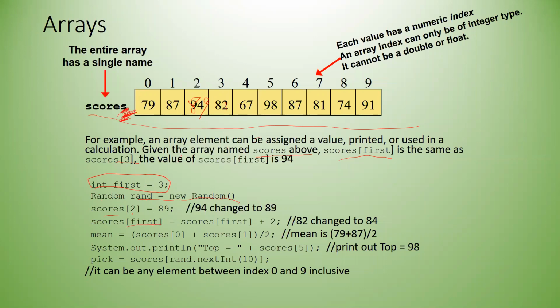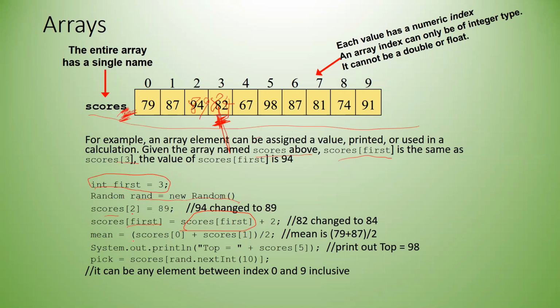When you do this, you are referencing this location. It's equal to scores sub first plus 2. Scores sub first will give you 82, right? You get that value, you add 2 to it. So now scores sub first becomes 84.